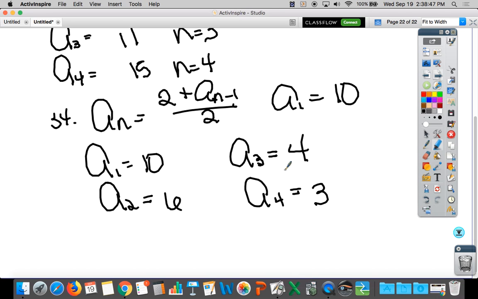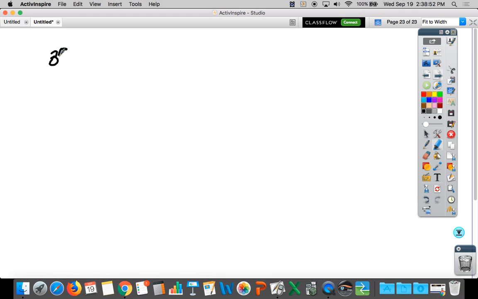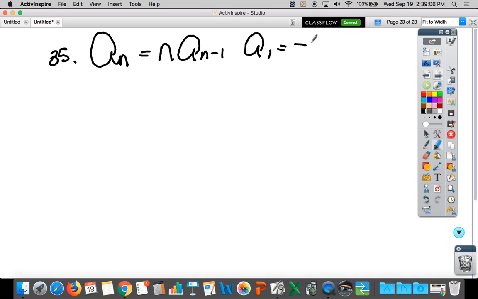Okay, so now let's look at 35. They want us to find the 10th term, and they're going to give us a recursive, which means we have to do all 10 of them. Okay, so a sub 1 is negative 1.